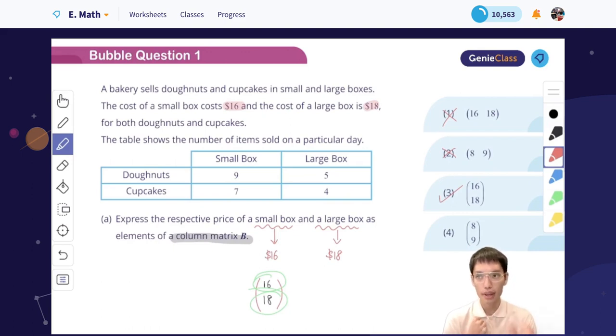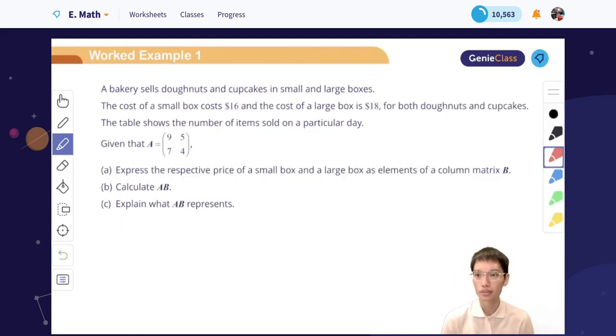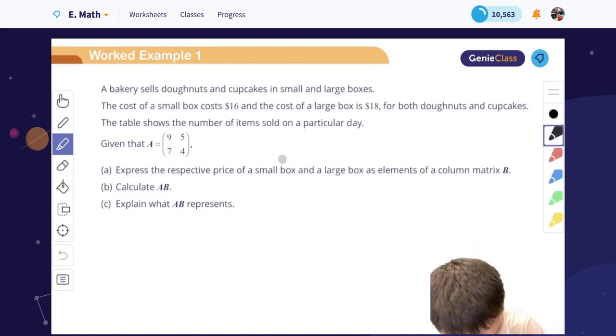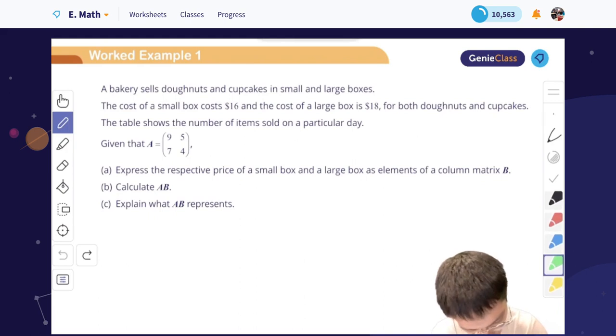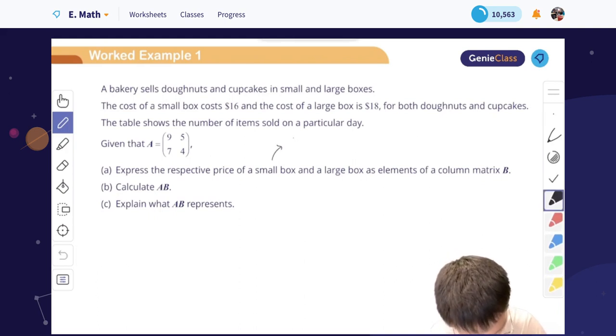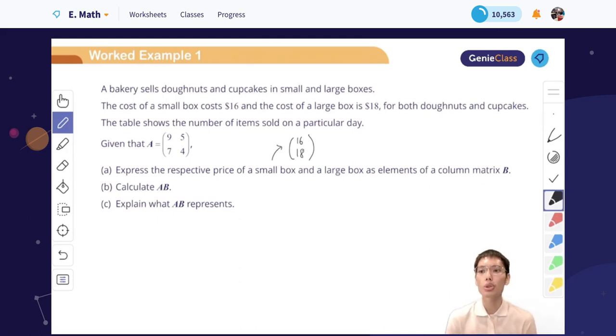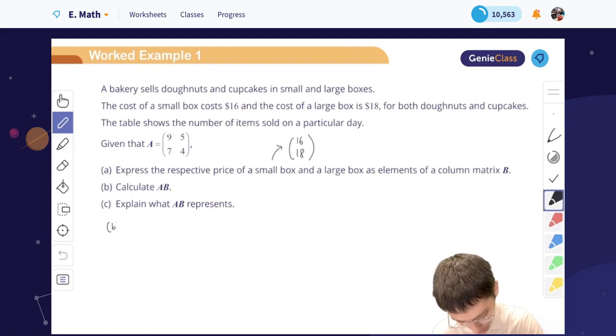And let's see how we can follow up with the worked example over here. So right now you realize part A is actually done in the previous bubble question, which is 16 and 18. Now, calculate AB. Let's see first. AB is your matrix multiplication.